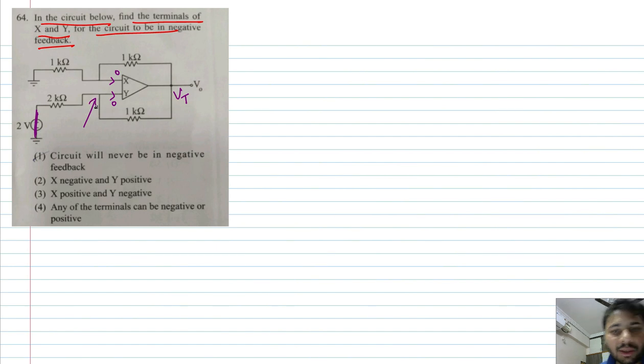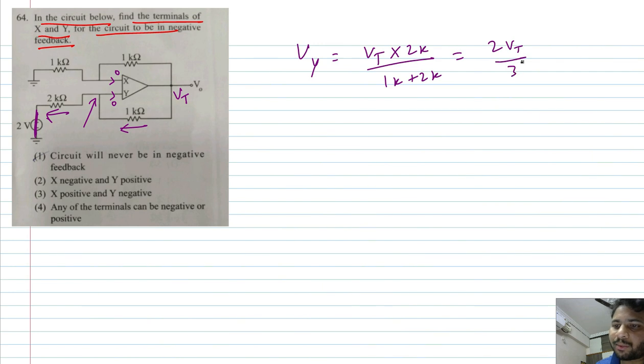So what is the voltage or potential at the input terminal marked Y? I'll call it Vy. So this 1K and this 2K both will be in series. So from voltage division, Vy will be Vt into 2K by 1K plus 2K, which is 2 Vt by 3. And at the top, this 1K and this 1K both are in series. So what is Vx? Again, from voltage division, it is Vt by 2.